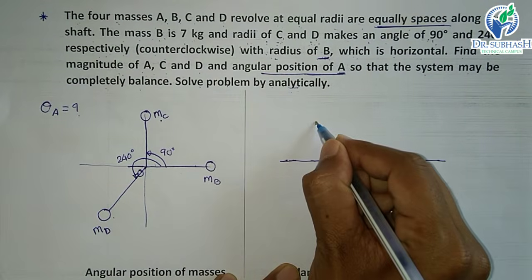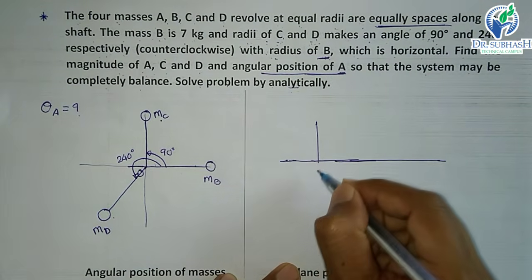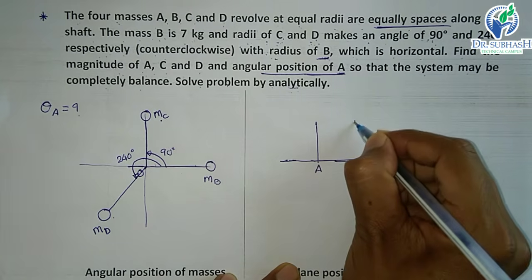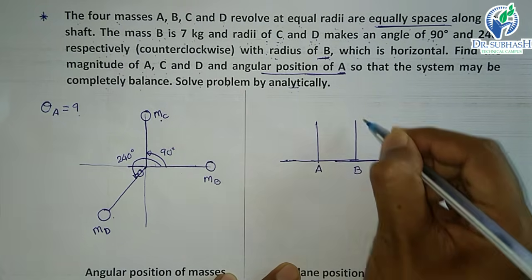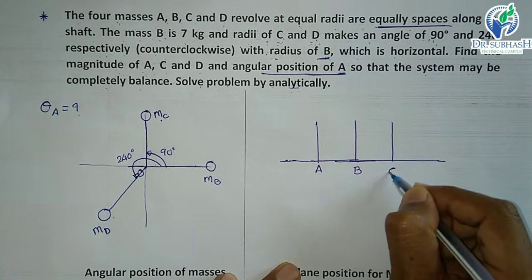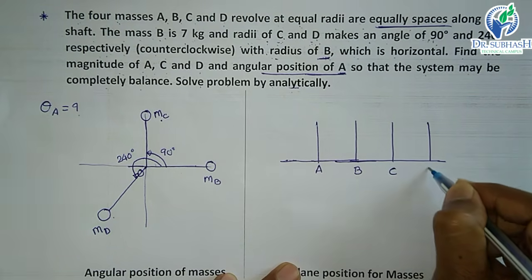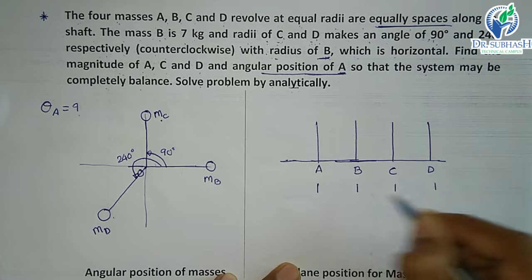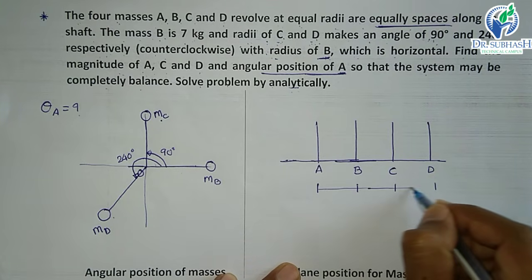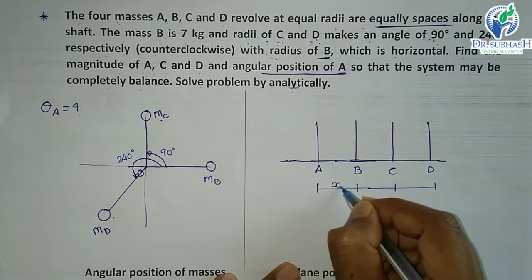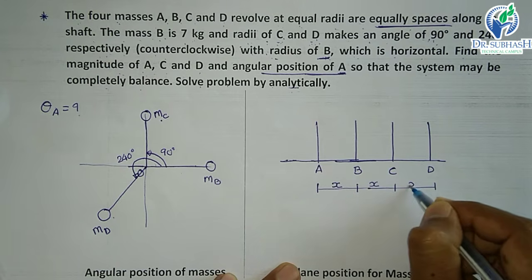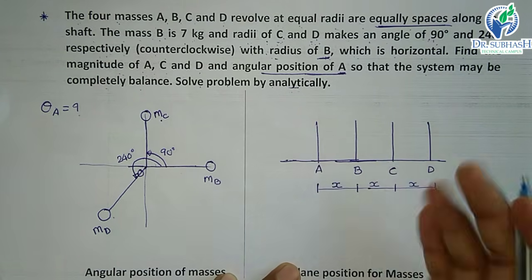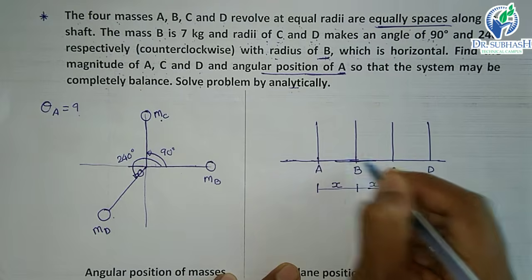So we consider here one plane. This is our A plane. Here we consider the B plane, here the C plane, and this is our D plane, and all these planes are equally spaced. The distance is not given, but suppose this distance is x. So the distance between any two nearby planes is x.